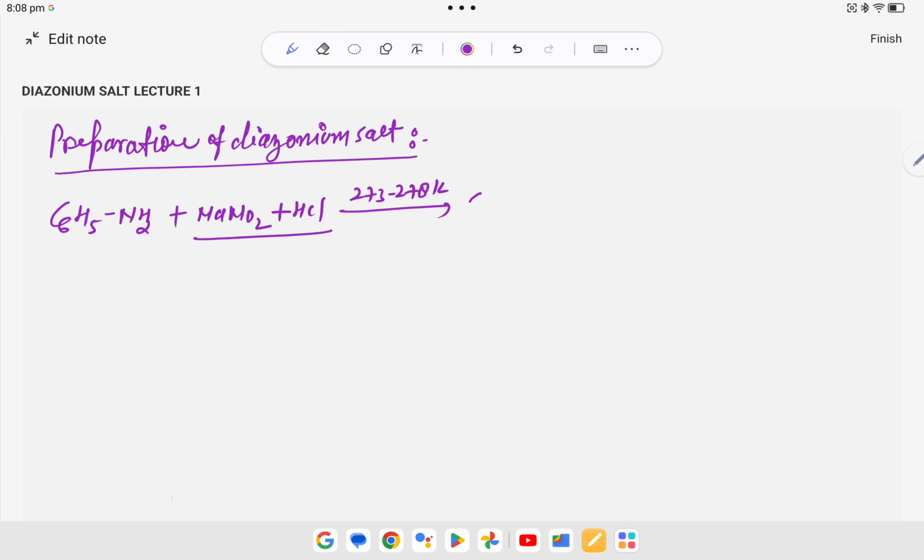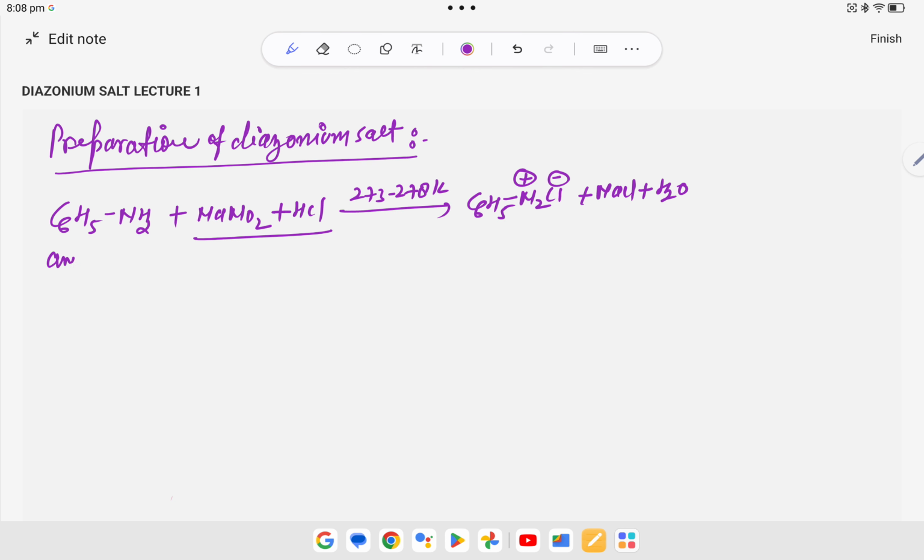In that case, C6H5N2+Cl- is generated along with NaCl and H2O. So this is the formation of benzene diazonium salt, benzene diazonium chloride.